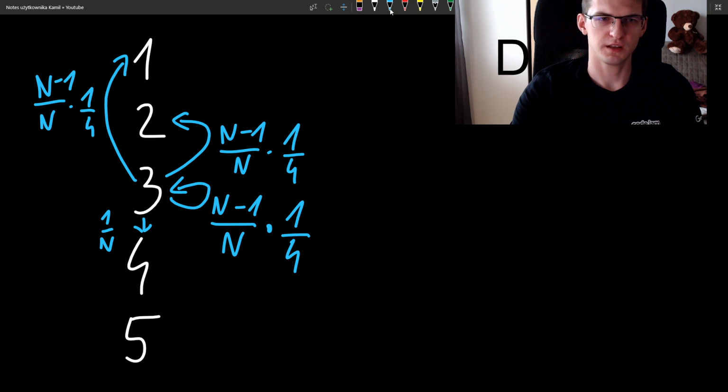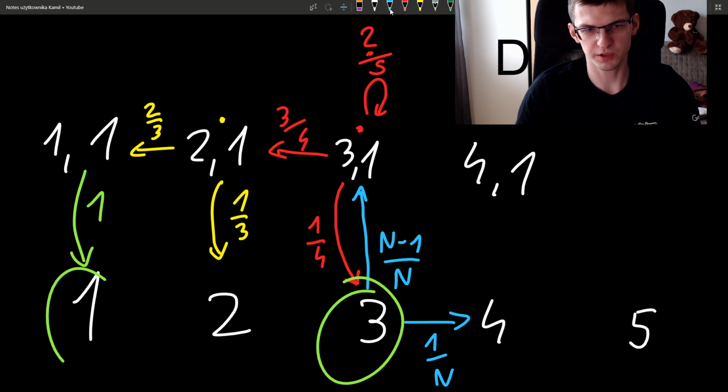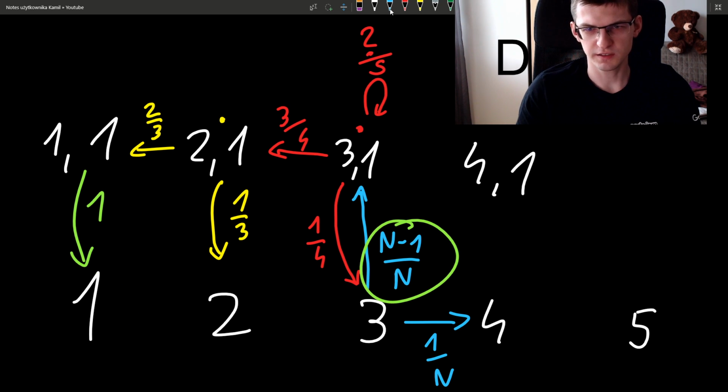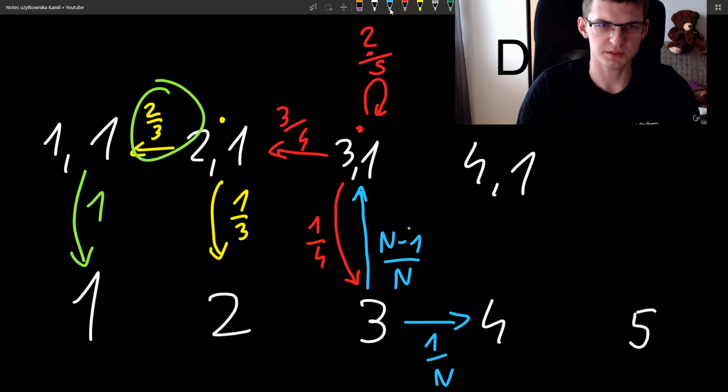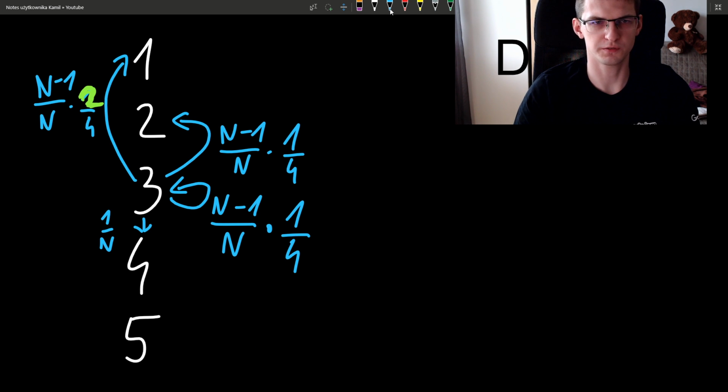So to get to that last state, it's 2/4. Because I wonder what's the probability of getting from here to here. It's this times that times that times that. If you multiply, you will get this, 2/4. Beautiful too.